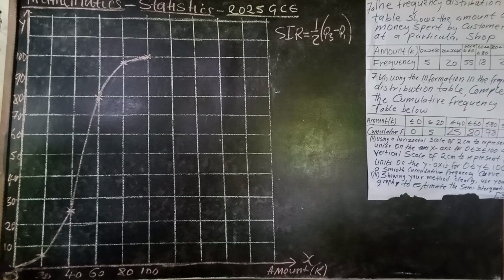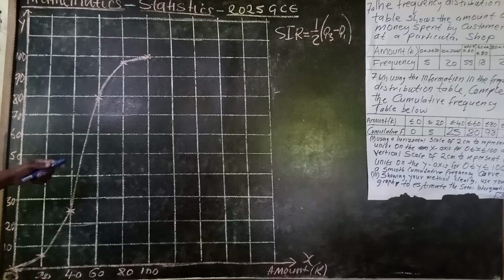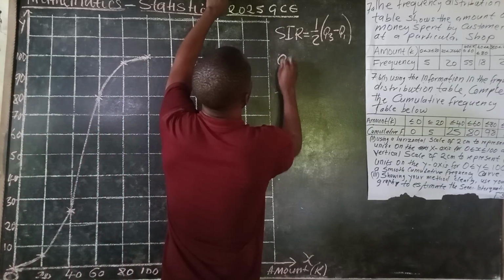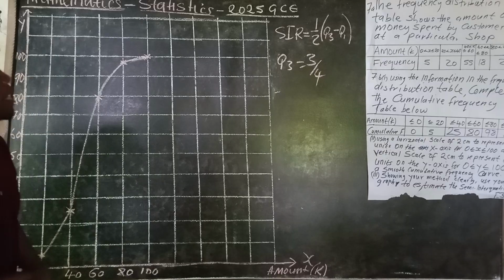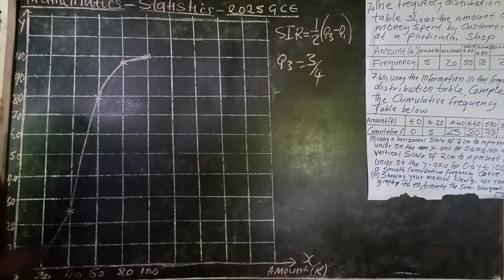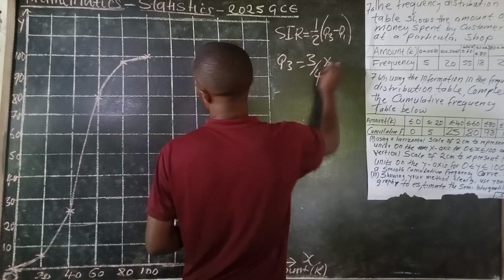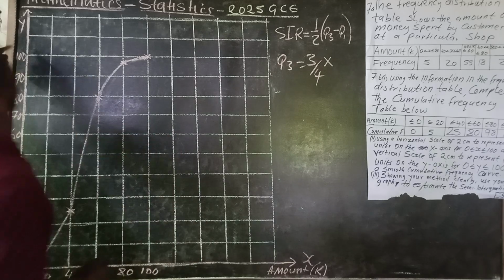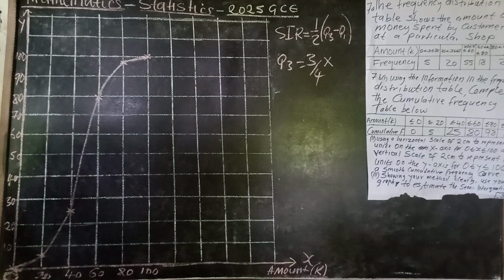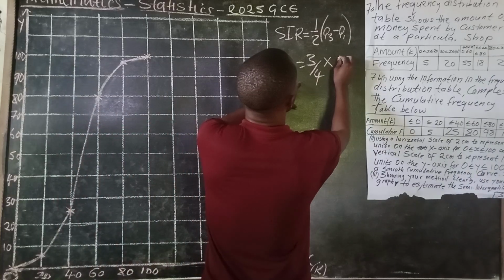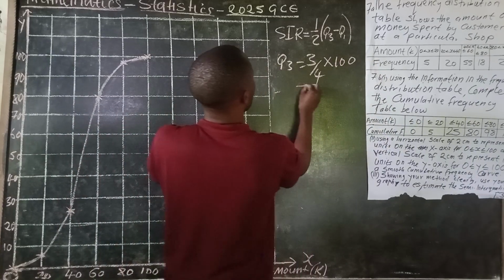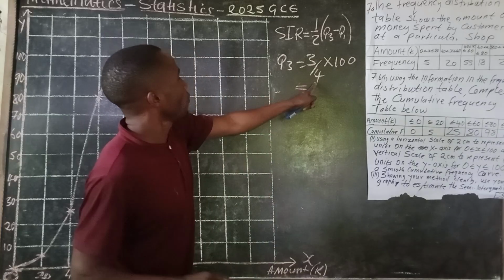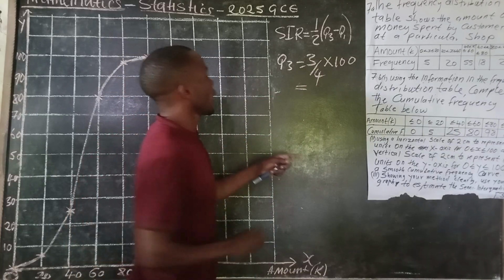So on the y-axis, the upper quartile is equal to 3/4, that is 3 quarters, times the maximum here that you are given, which is 100. So I want to find the 3/4 of 0 up to 100. 4 into 100, how many times?